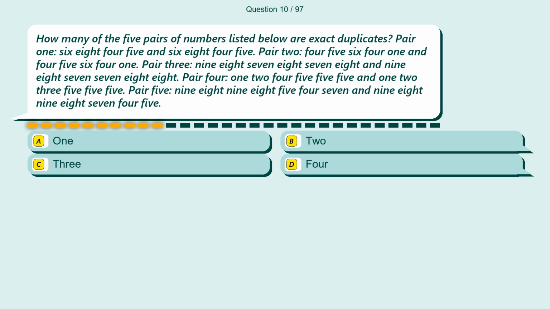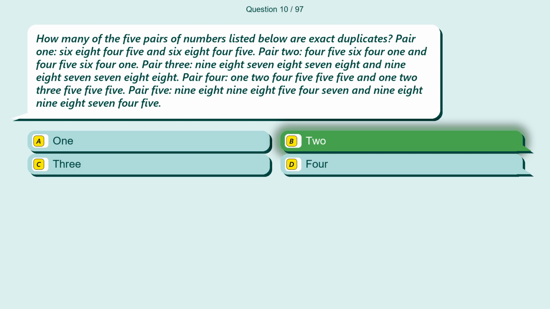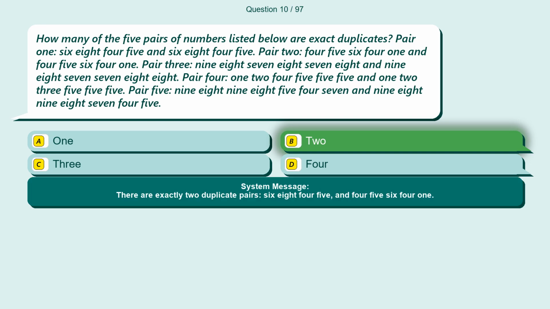Pair 5, 98988547 and 98988745. Option A, 1. Option B, 2. Option C, 3. Option D, 4. The correct answer is option B, 2. There are exactly 2 duplicate pairs, 6845 and 45641.